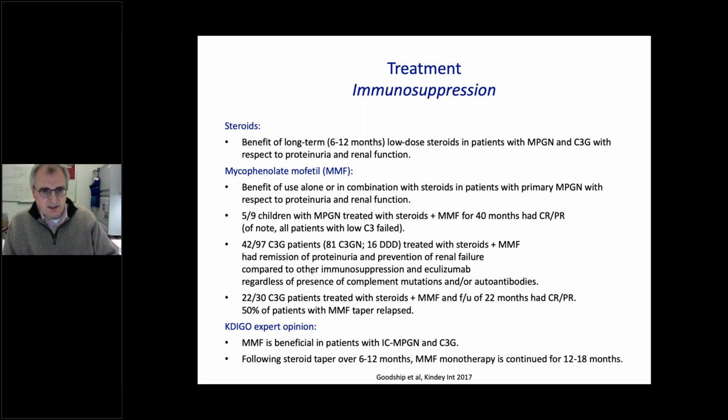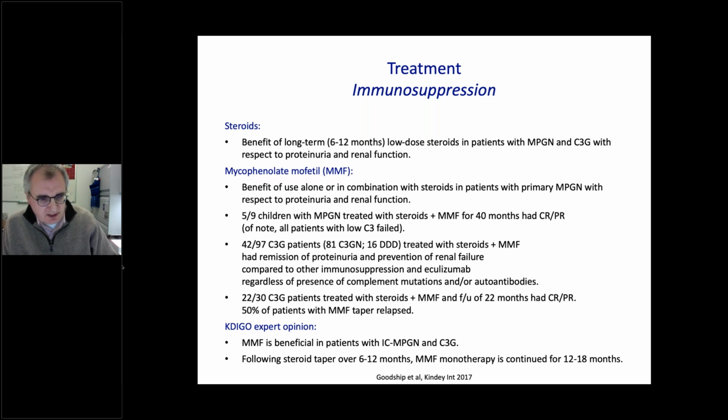I just wanted to highlight, in this trial here, 42 out of 97 C3G patients were treated with steroids and MMF. So in this relatively large case series, those patients had remission of proteinuria and deterioration to renal failure was prevented, and this was compared to other immunosuppression and eculizumab, and it was regardless of the presence of mutations and/or antibodies.